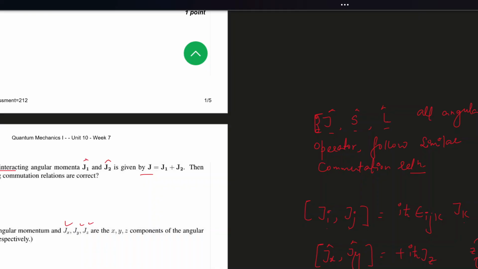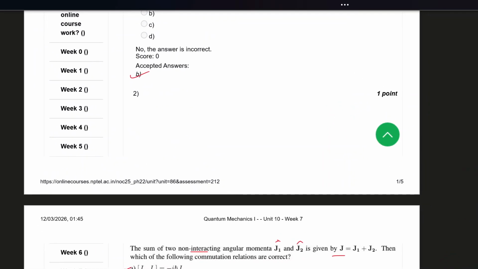Similarly, the last one will be [Jx, Jz], because XZ will give you Y, but it is an anti-clockwise manner rotation, so then it will be minus iħ Jy, and [Jz, Jx] will be plus iħ Jy. So these are the relations.